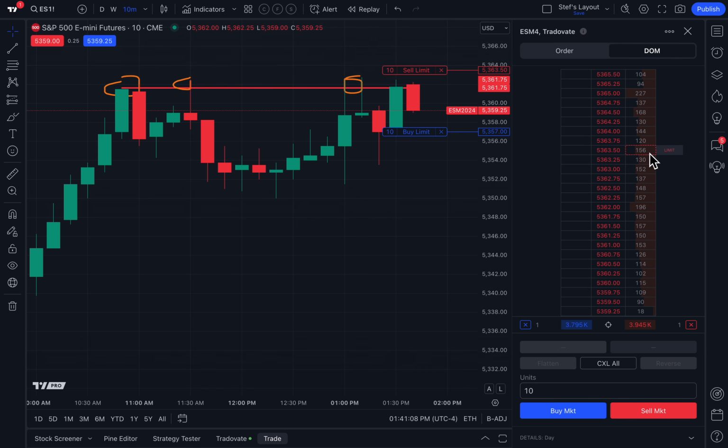So we can see here the order we have right now at 156 at 5,363.50 is a little more than halfway. So we are right there with quite a big group of other people who have sell orders at that point in time. So this is how you read the depth of market and how you can use it to manage positions, do sentiment analysis, and see what's happening.